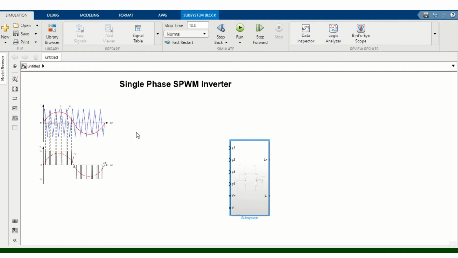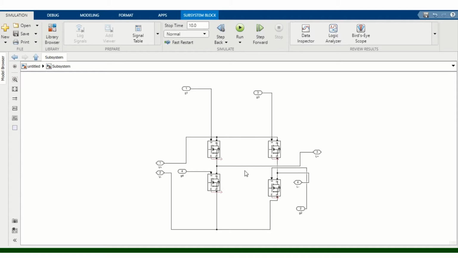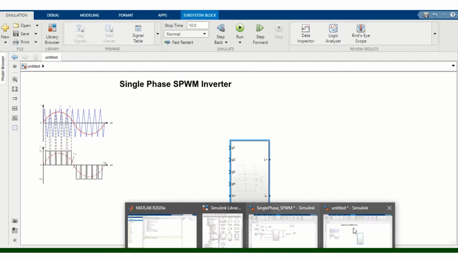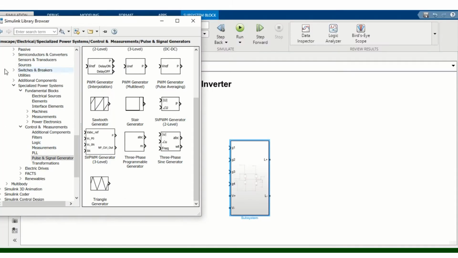Now here, this inverter which we have constructed in the previous video, the same is used, only I have created a subsystem. So I will open it. There are 4 MOSFETs, and these 4 gate terminals are taken outside along with the DC voltage and the load terminals.